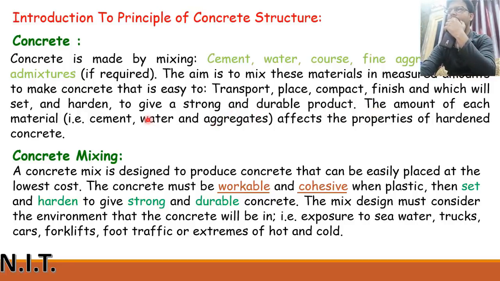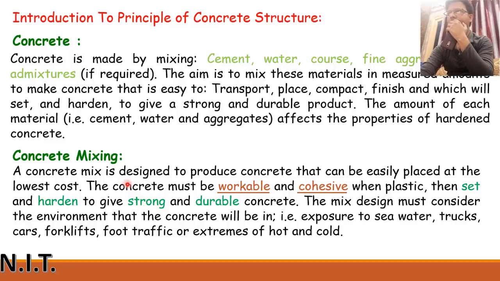The amount of each material, cement, water and aggregates, affects the properties of the hardened concrete. If you increase the cement, you can increase its strength and durability. If you increase water, you can compromise on durability and strength. If you increase aggregates, you can also increase or decrease its physical properties.